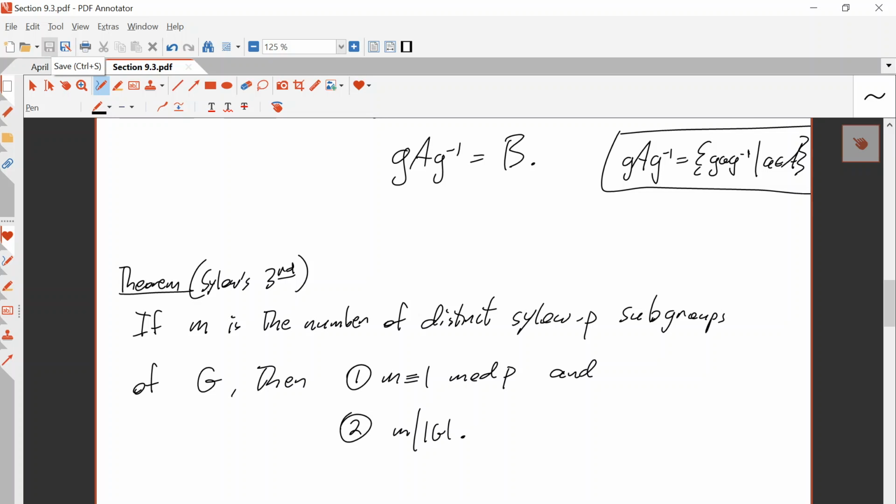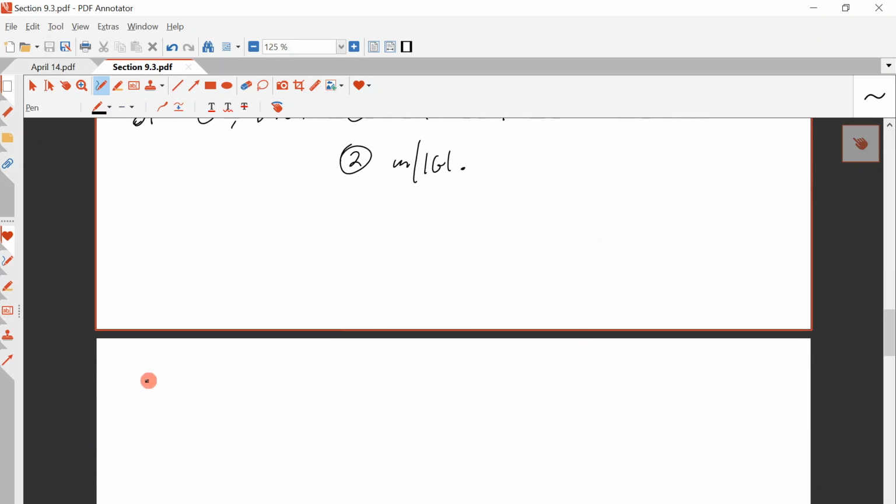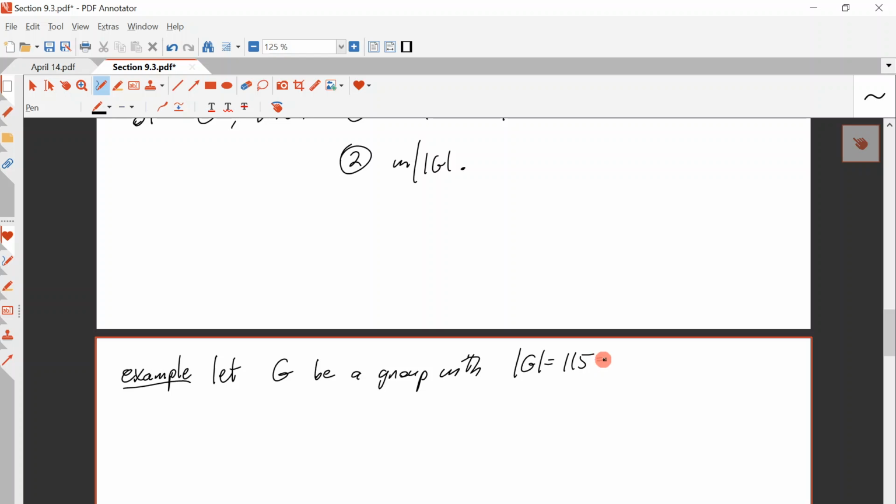All right, so let's take an example. Let G be a group with the order of G equal to 115. 115, the prime decomposition is 5 times 23.